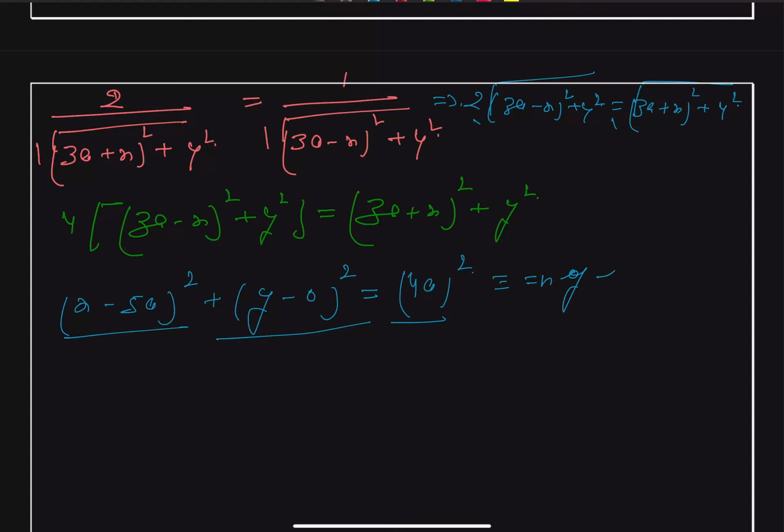equation of a circle, and the center will be 5a comma 0, and radius will be 4a.